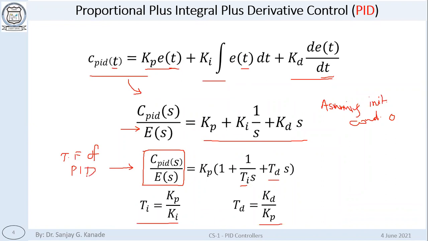As I said, in this discussion we are going to need everything that we have studied earlier until the 5th unit, right? So this is the transfer function of the PID controller block, which is equal to KP into 1 plus 1 upon TIS plus TDS, where TI is equal to KP upon KI and TD is equal to KD upon KP.